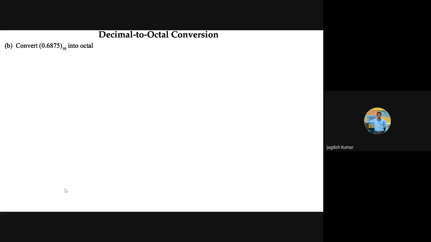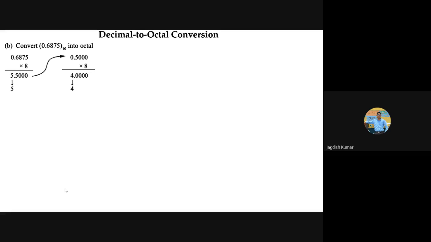If it is clear, then let us do another example. How to convert 0.6875 to the base 10 to the octal number system, to the octal form. The rule is the same as in the case of decimal to binary.